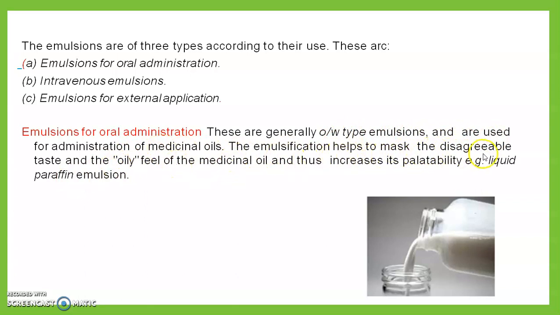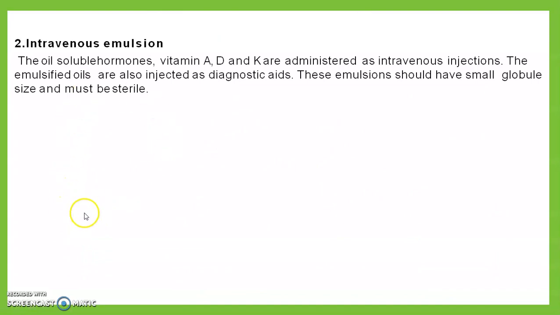Emulsification helps to mask the disagreeable taste and oily feel of the medicinal oil, thus increasing palatability. An example is liquid paraffin emulsion, which is not palatable in its original form, but in emulsion form it is palatable.